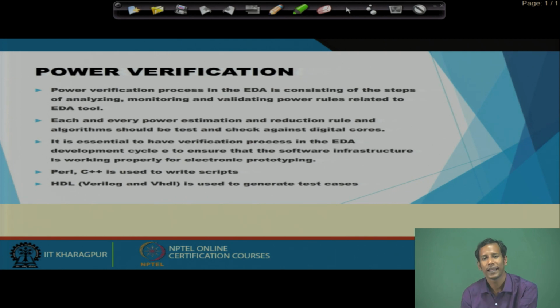So, just like this formal verification which we do in the digital circuit design, we have to do some power verification method too. So, the power verification process in EDA consists of the steps of analyzing, monitoring and validating power rules related to EDA tools. Means what?